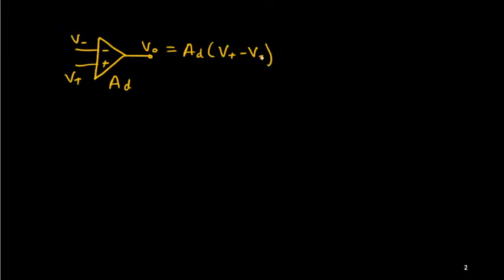So operational amplifier, you know that it is a high gain differential amplifier, and this is the symbol we are using. This I will call V minus, this is V plus, and this is the output V naught. If the gain is AD, then V naught will be simply AD times (V plus minus V minus).